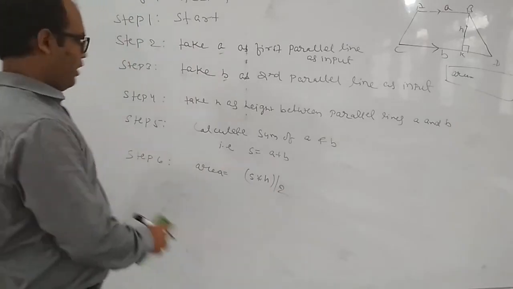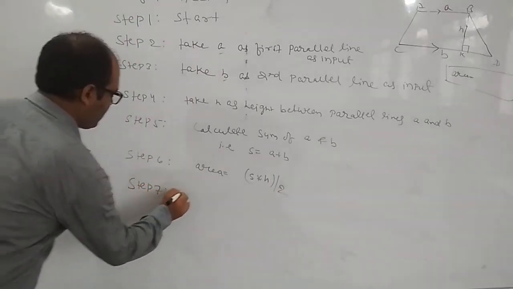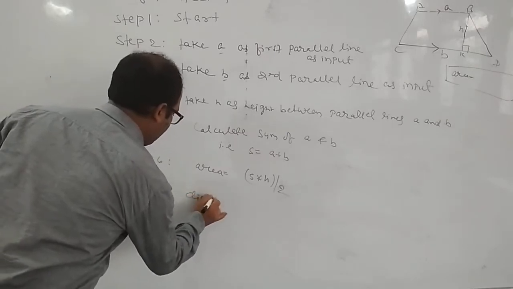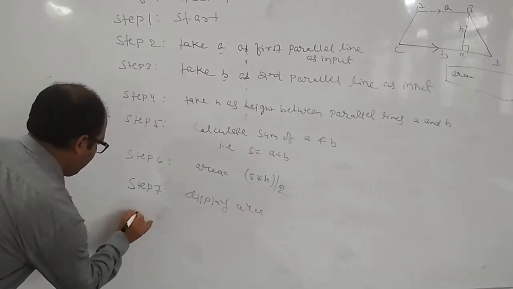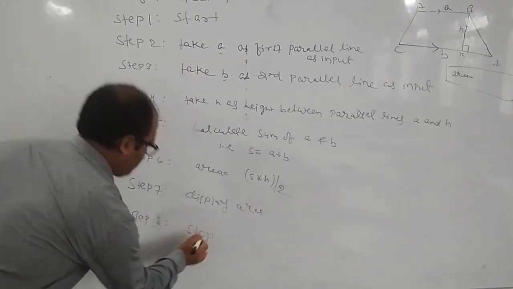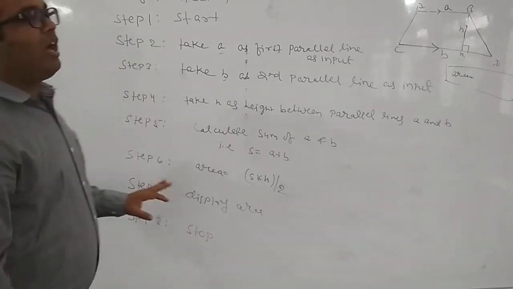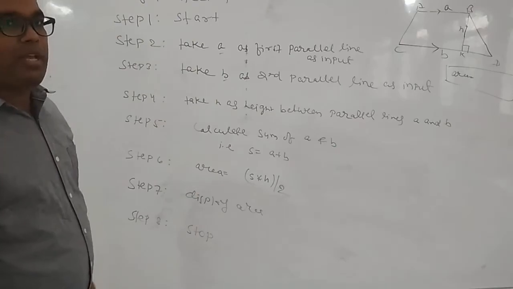Next, step 7. Display area. And step 8. Stop or end. So in this way we will write the algorithm for calculating the area of a trapezium.